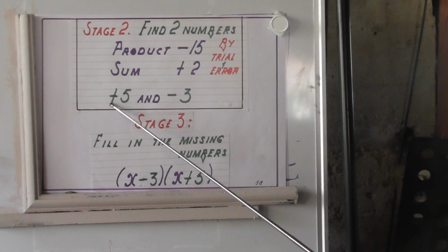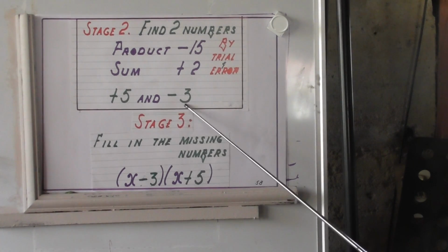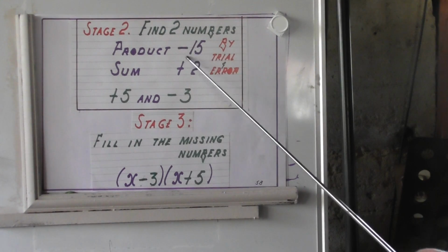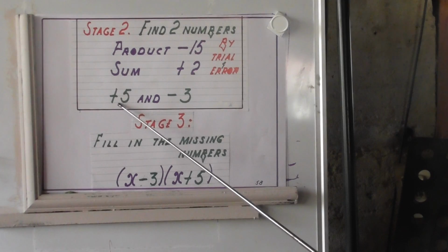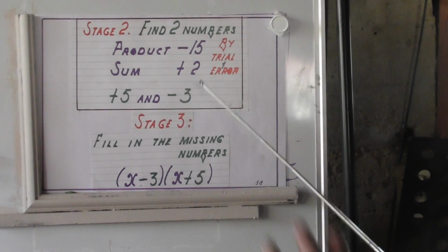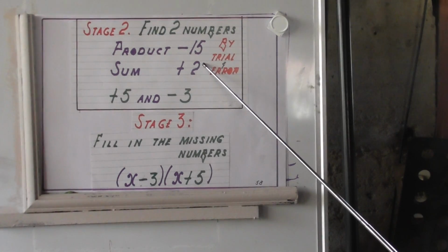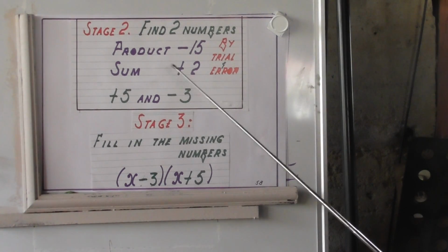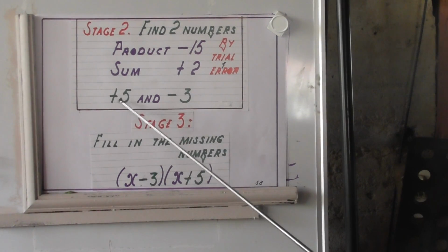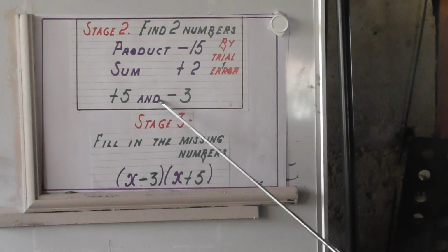So negative 15. Positive 5 times negative 3, so this is okay. But it could also be negative 5, positive 3. So now we have to check who is winning. The positive is winning with 2, so it's not negative 5, it's positive 5 and negative 3.